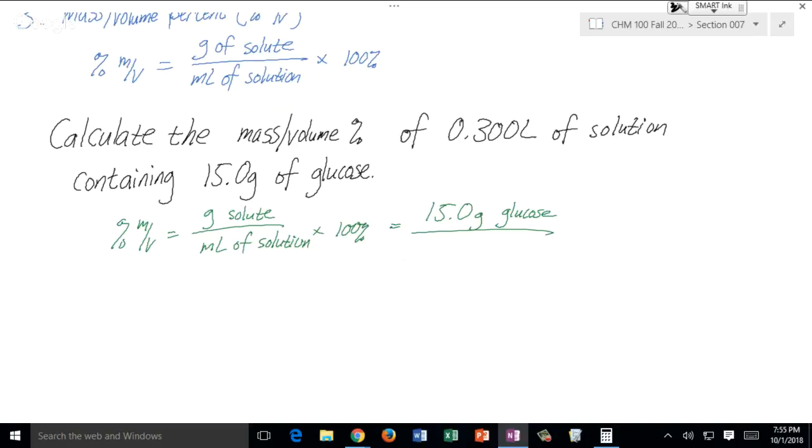We need milliliters of solution in the denominator. So what's 0.3 liters in milliliters? 300? Yeah.